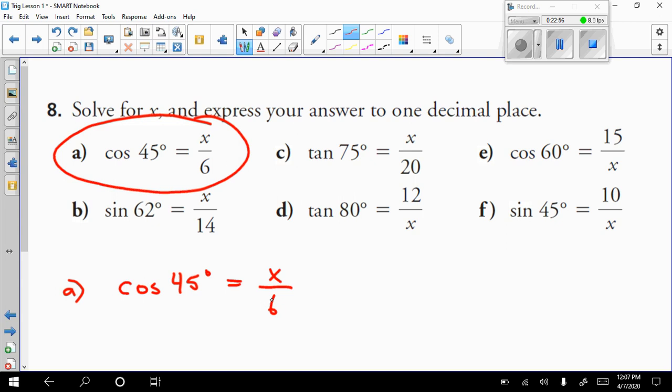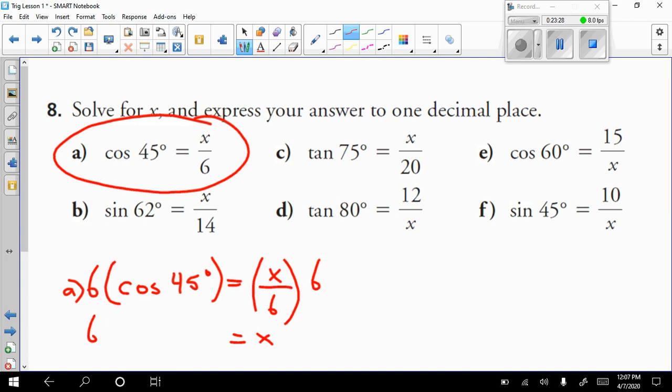When we're working with equations, we know that if we want to get the unknown, in this case the x, by itself, you have to get rid of the number that's with it. Right now, it's divided by 6. The opposite of dividing is to multiply. So we're going to multiply this side by 6. But whatever we do to one side, we've got to do to the other. So x is going to be equal to 6 times cos of 45.